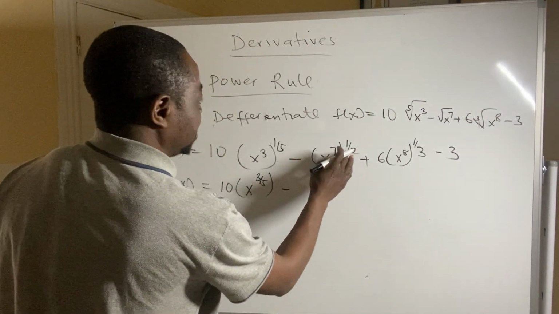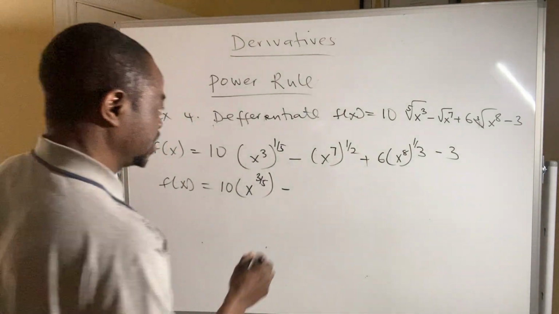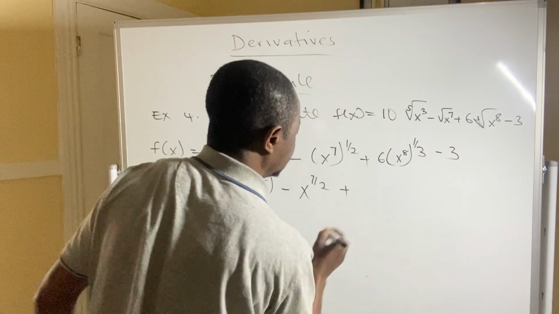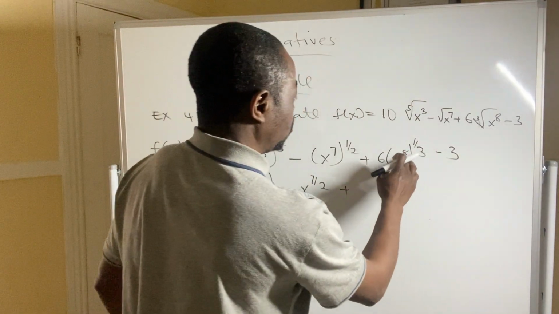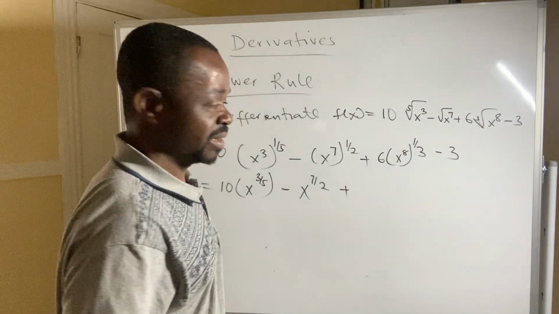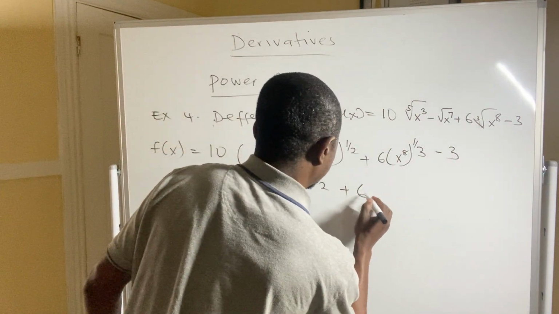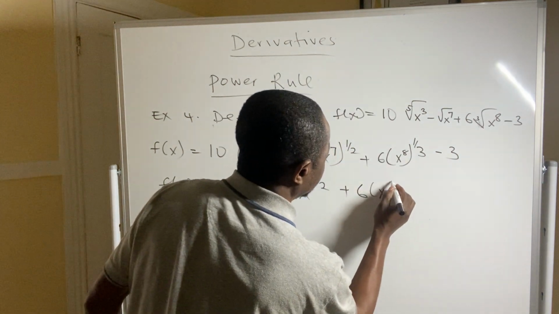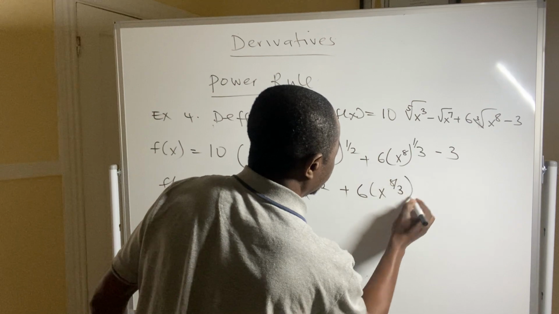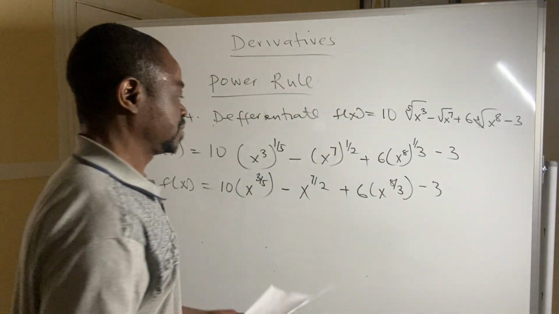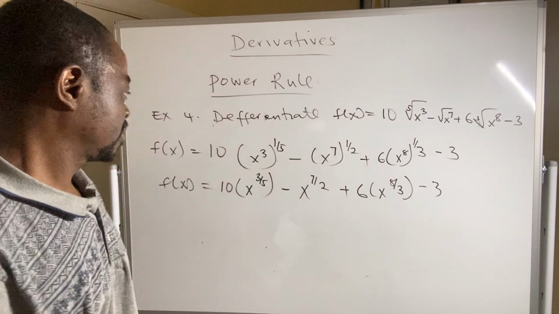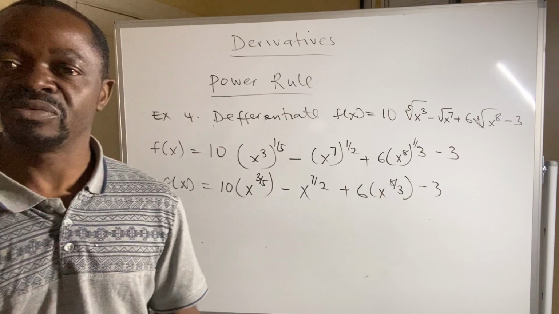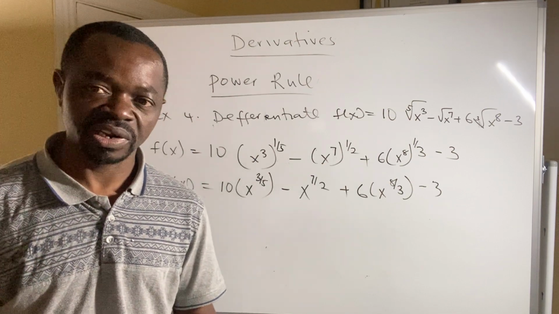This is minus, so 7 times half is x raised to the power 7 on 2. And then plus 6 into brackets, 1/3 by 8, x raised to the power 8 on 3, then minus 3. Right, so we see that everything is now in powers, so we can now find our derivatives.